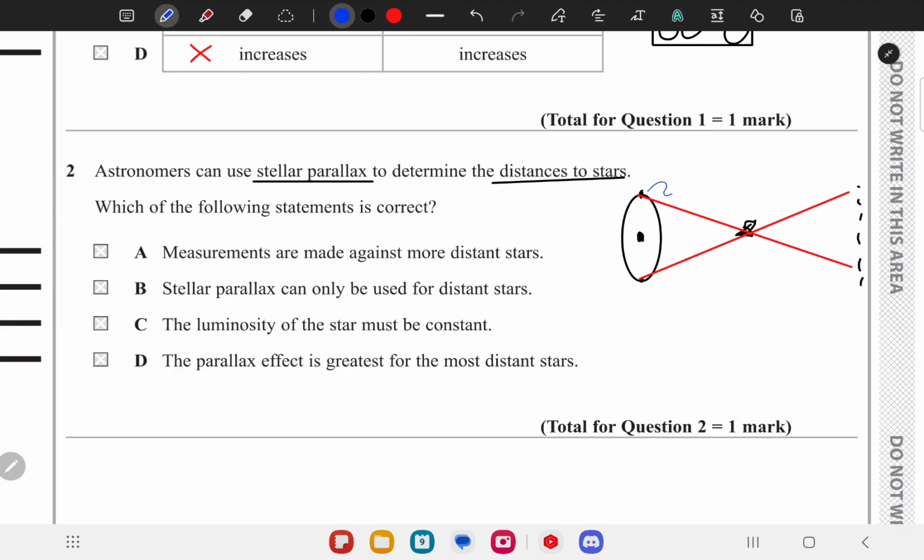By measuring it against a backdrop of distant stars, we can find this angle and this angle. The angle in between will be alpha plus beta.